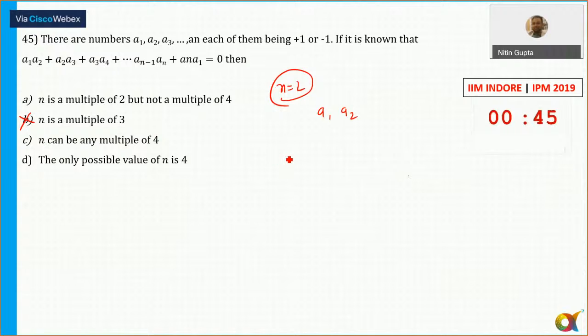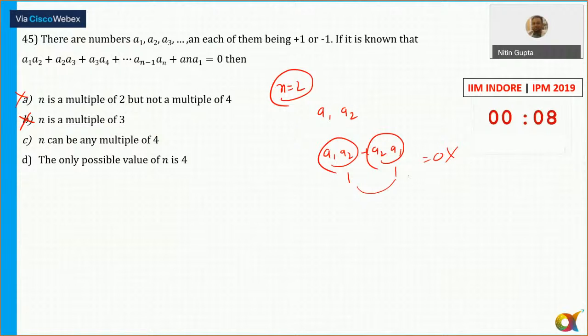So I get only one combination, that is A1, A2, and nothing else here. And then I'll get A2, A1. So A1, A2 plus A2, A1 will also be equal to plus 1. So can their sum be equal to 0? No, not possible. So it's not necessary that n has to be a multiple of 2. So option number A is rejected here. So the correct answer should be that the only possible value of n is 4.